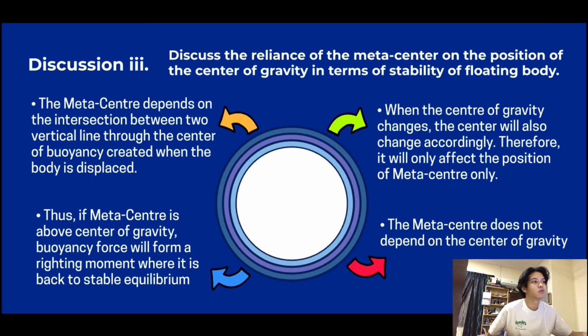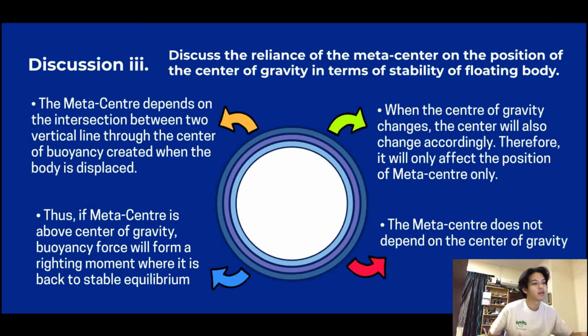Based on the question given, discuss the reliance of the metacenter on the position of the center of gravity in terms of stability of a floating body. There are a lot of points in this question actually. I will start off with the metacenter depending on the intersection between two vertical lines through the center of buoyancy created when the body is displaced.